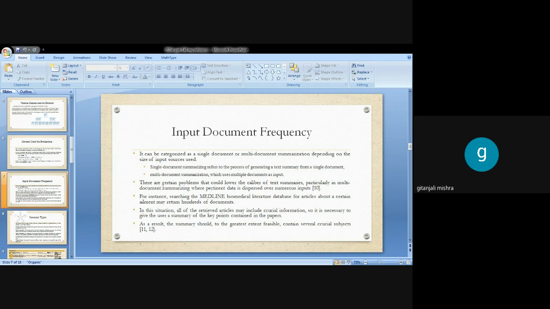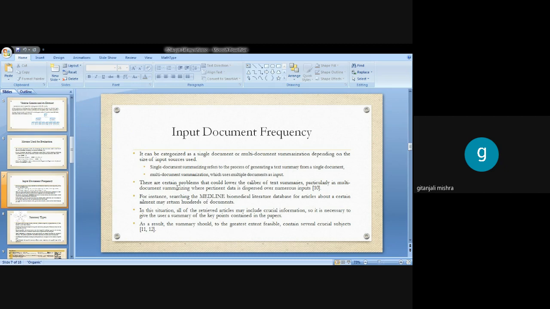We have identified certain problems, in that the quality of the text summaries decreases when we are inputting more than one document for the summary. For example, when we are searching for something in the MEDLINE biomedical literature database for a certain element, it will give 100 documents.